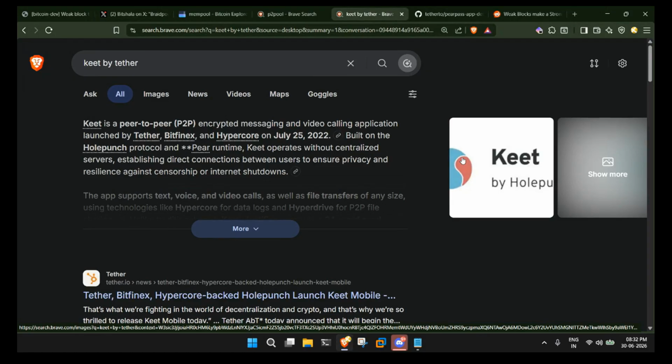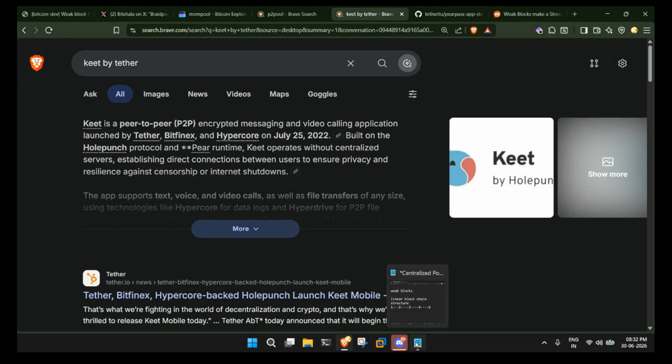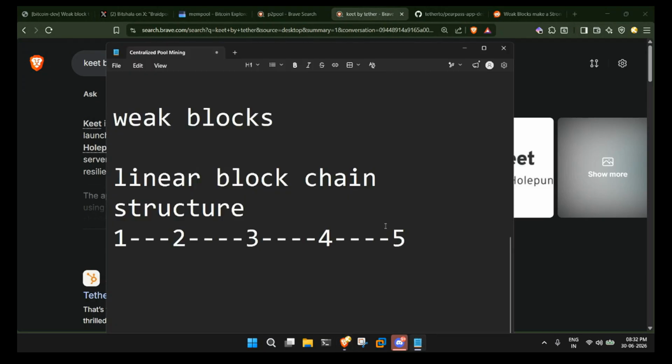But if the users are many, like Instagram or Facebook, then it is not possible to say whether it will be able to scale if it has not been designed correctly. So in P2P technologies, scaling is always an issue. And that was the issue in P2Pool, because they were using a linear blockchain.